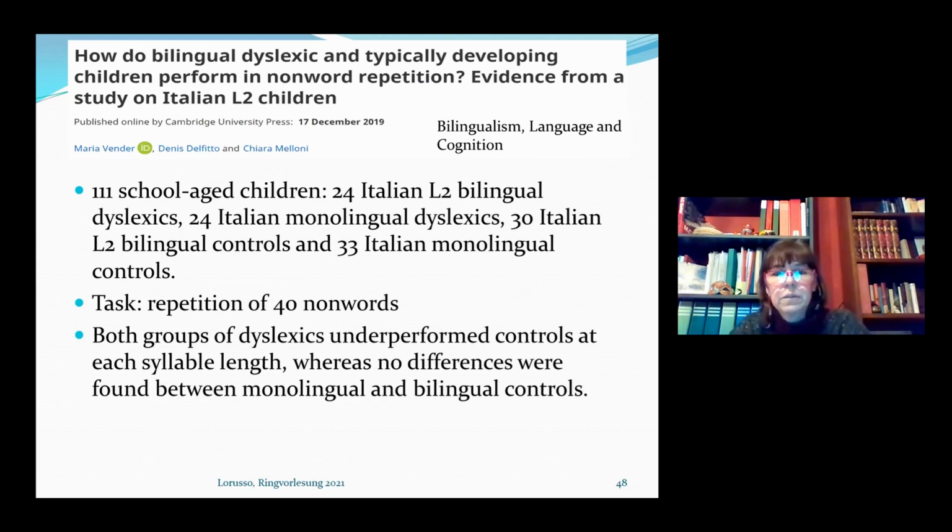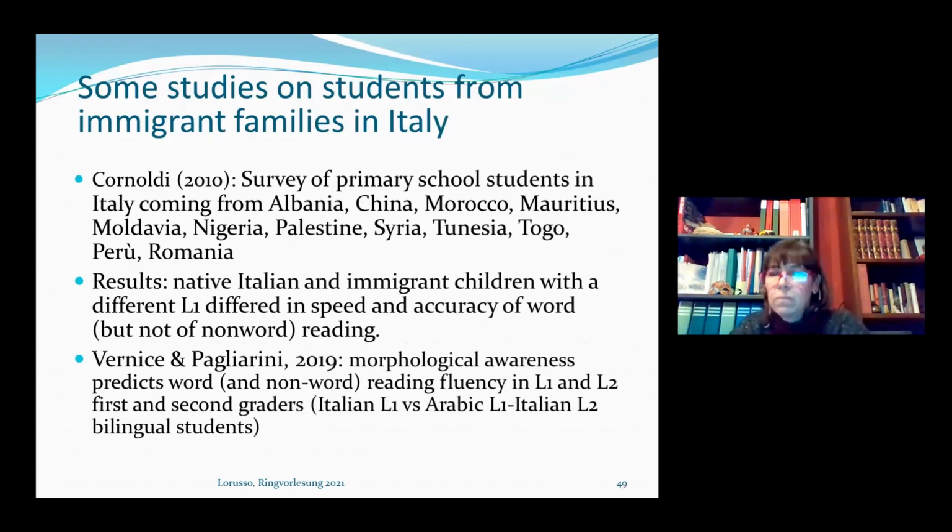They performed a non-word repetition task with 40 non-words, and it was confirmed that both groups of dyslexics, monolingual and bilingual, underperform controls at each syllable length, whereas there were no differences between monolingual and bilingual controls. So it is confirmed that non-word repetition is a good test also in the bilingual population.